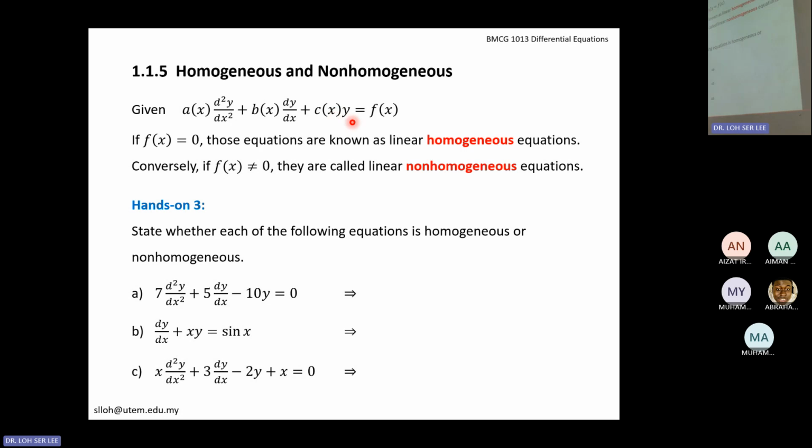If this is 0, that means it is linear and homo, so we call it linear homogeneous. If it is linear and non-homo, then it is linear non-homogeneous. When they mix together, that might be confusing, so you must be clear about what is linearity and what is homogeneity.